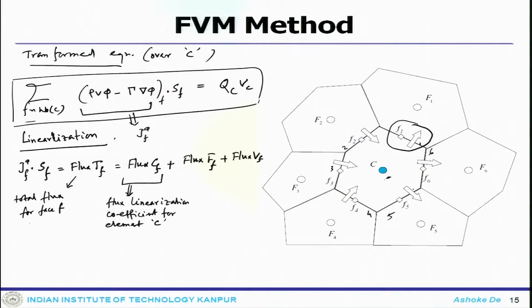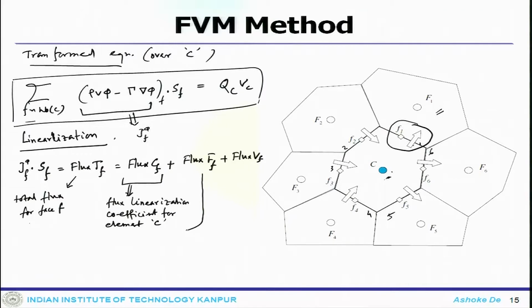So, when I do the linearization, because this is the total flux along this face and this face is connected with face F1, one contribution comes from the linearization coefficient of this particular element along this face.